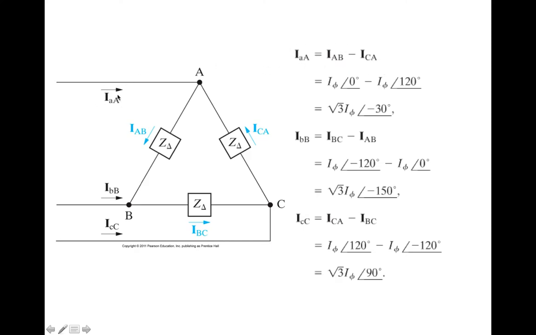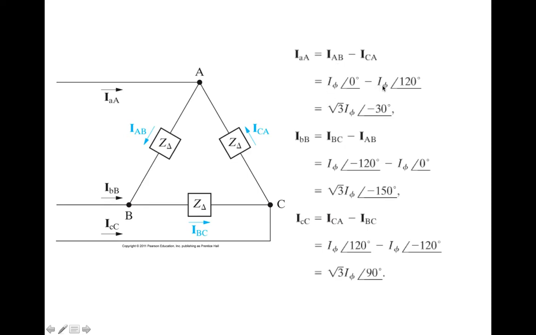If we then realize that, because this is a three-phase problem and it's balanced, the currents are 120 degrees out of phase, and we define a generic phase current with I phi, and a generic line current with I phi, meaning just the magnitude of one of the line currents. Then we can see that for the line current IAA, in the first phase we would have I phi angle 0.